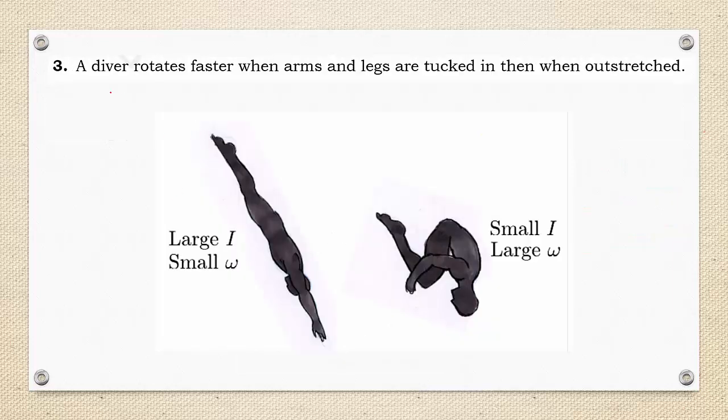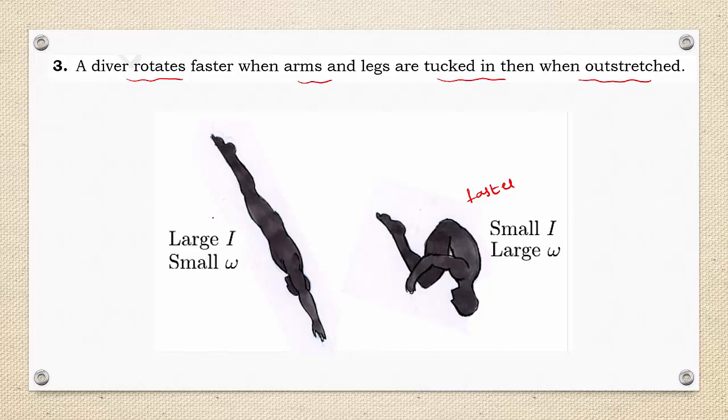Third example: a diver rotates faster when arms and legs are tucked in than when outstretched. So you can observe, if the man folds his complete body, he rotates faster. Here he is rotating faster. His arms and legs are tucked in, meaning he is folding. In these cases, moment of inertia decreases, radius decreases, speed is increasing, he is rotating very fast.